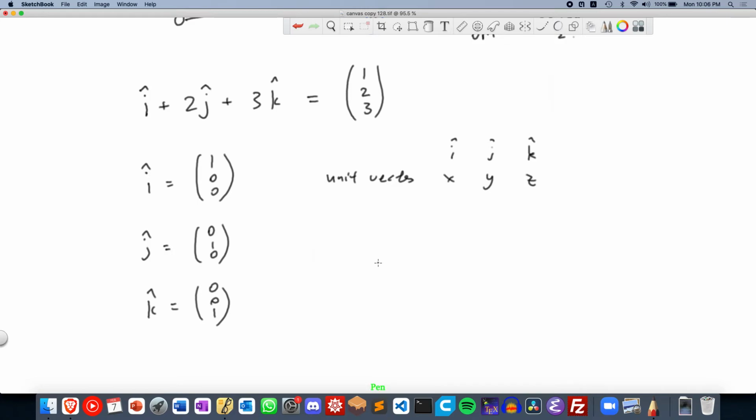And another thing is that the dot product is commutative.